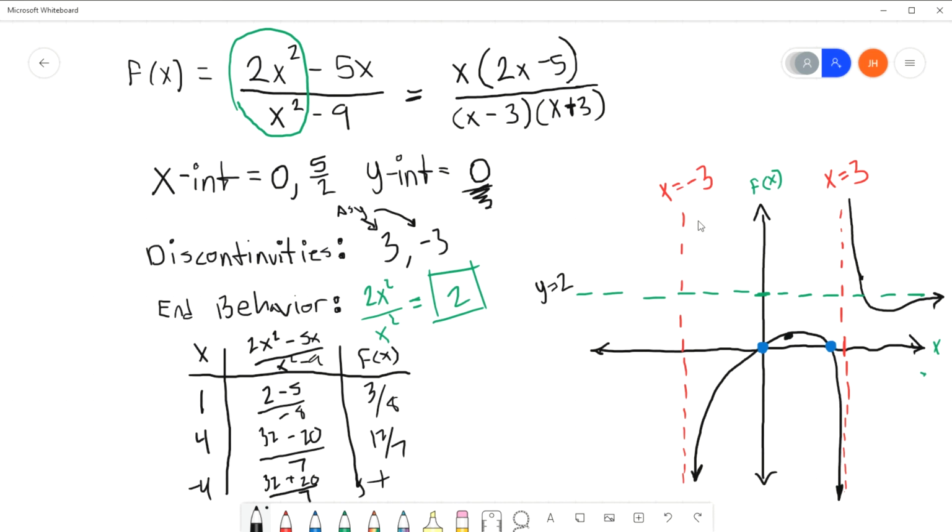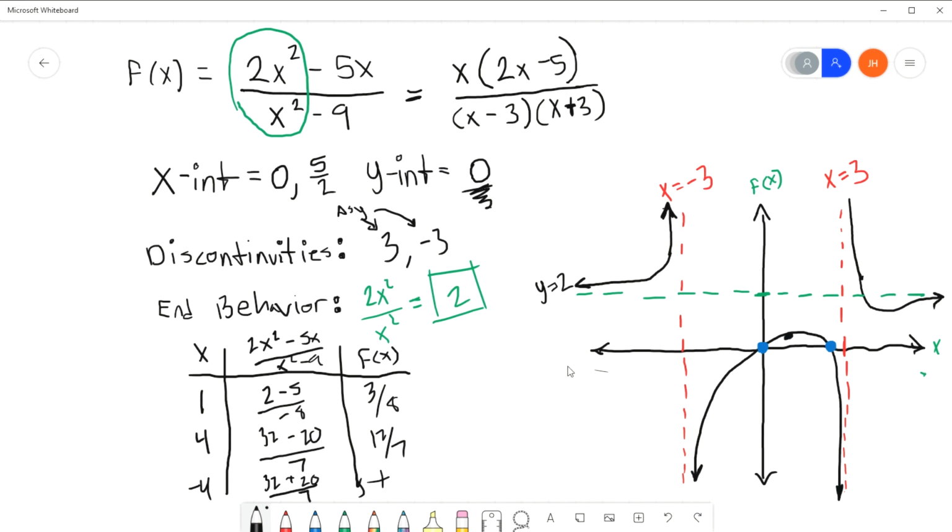That's a positive number. I'm not even going to bother. I just know that it's positive, so I know that it's above the x-axis, so it must have been coming from up. Do you guys see what I mean when I say that? Because the function is positive at a value to the left of my asymptote, I know that it must have been coming from up, mostly because there's no x-intercept here, right?